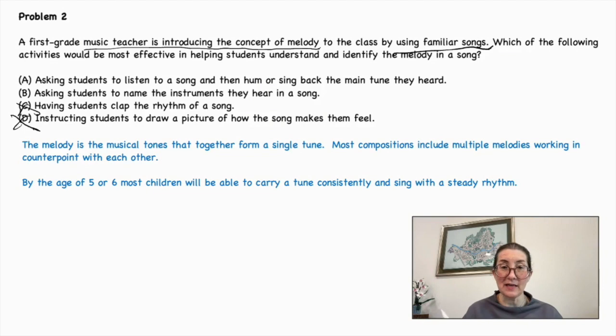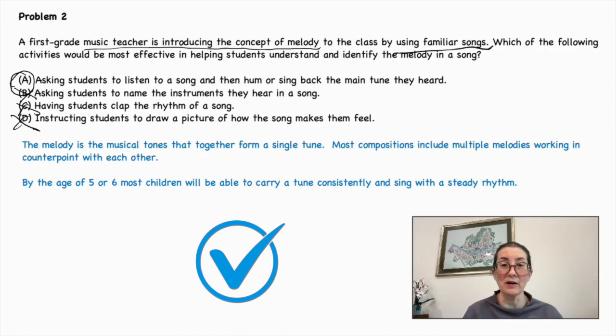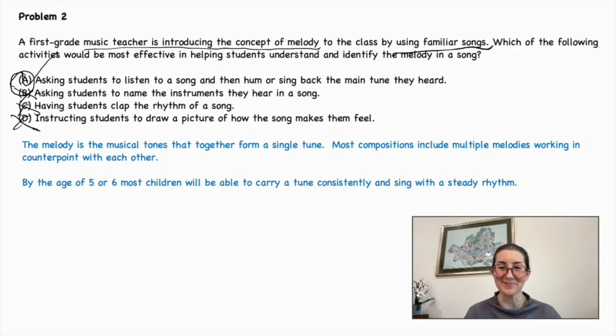Asking students to name the instruments that they hear. At the ages of 5 or 6, unless they've been studying privately before, this won't be possible. So that is not the case. Now, asking students to listen and then hum or sing back the main tune they heard is exactly what will help them understand the concept of melody. So A is the correct answer.